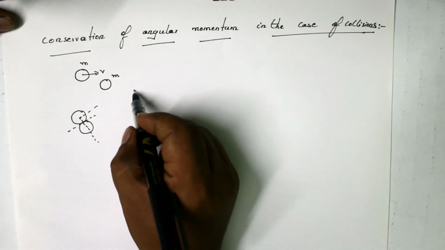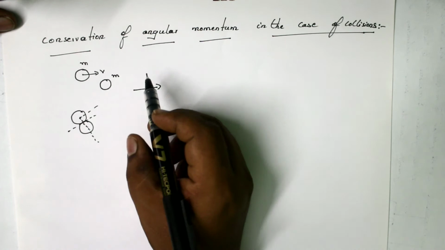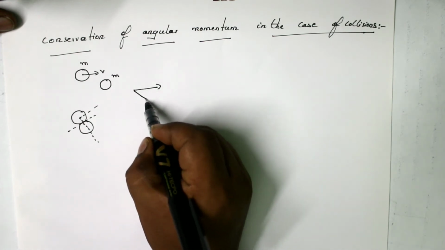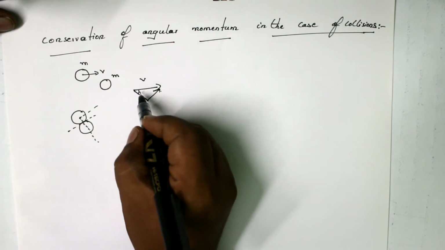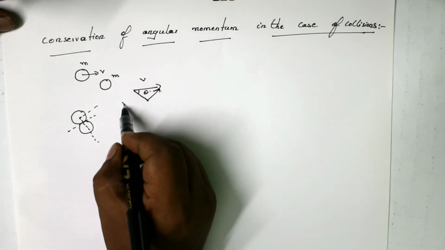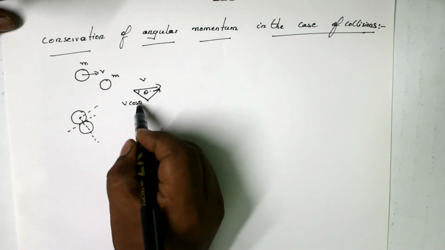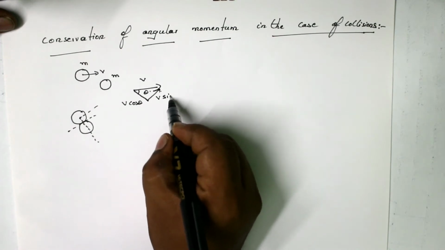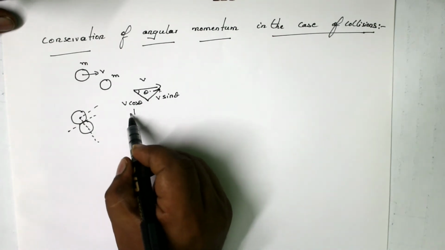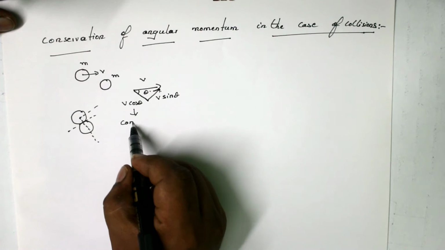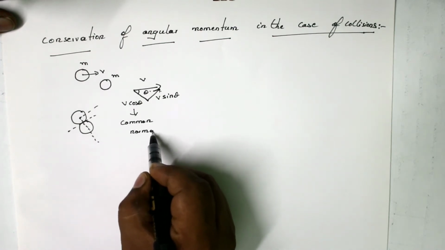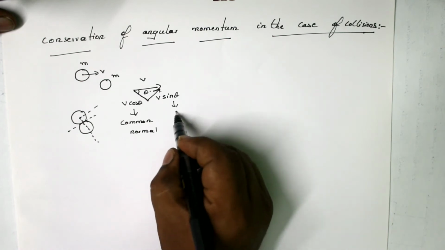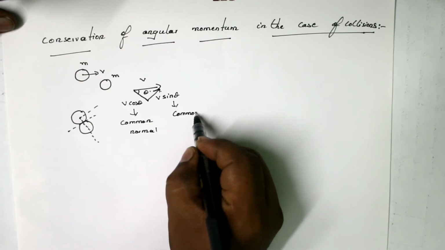So this velocity vector I can always split into two components. So this is one velocity, this is another velocity. So if this is v and if this is theta, then this is v cos theta and this is v sin theta. So v cos theta is the velocity along common normal, and v sin theta is the velocity along common tangent.